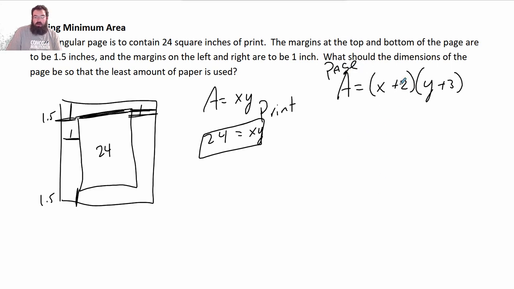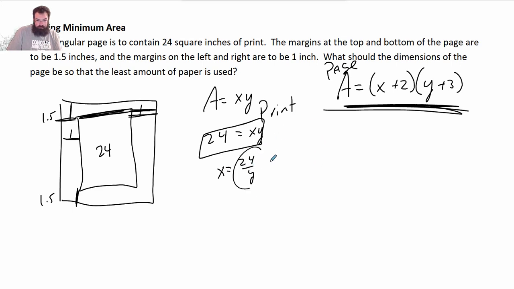All right, that's all fine and dandy. But now I have two equations, and this is what I ultimately want to solve. So I'm going to take the area of the print and solve for one of the variables. It doesn't really matter which, but I'm going to solve for x, so x is 24 over y. I'm going to plug that in here.